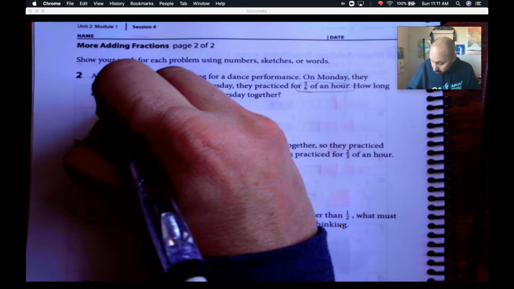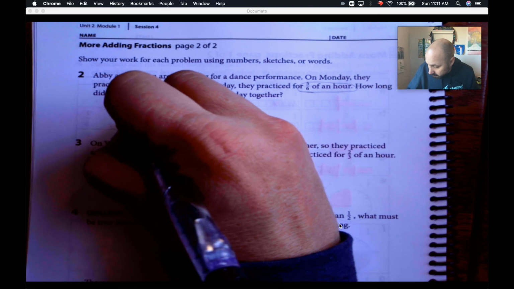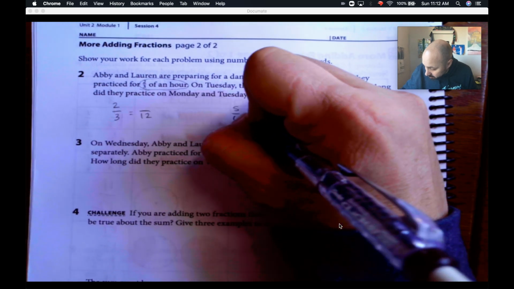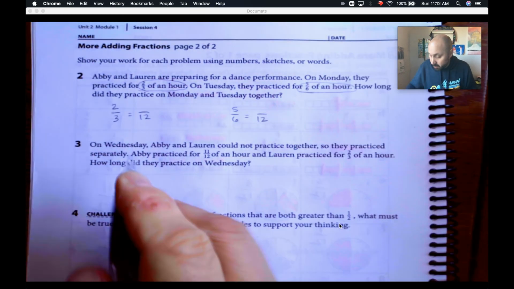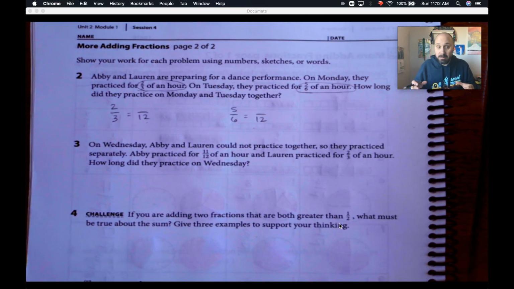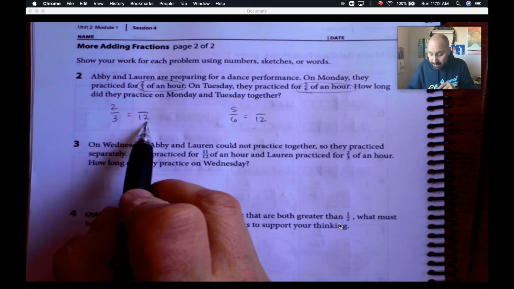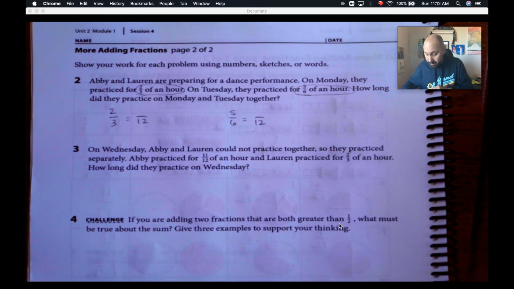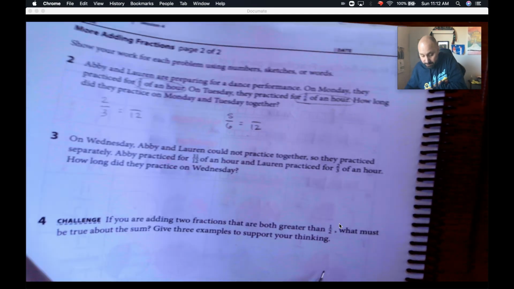So 2/3 of an hour is how many twelfths, and 5/6 of an hour is how many twelfths. Once we have our common denominator, we'll be able to add them straight across, right? So if I go back and look at the page before, I can figure out how many twelfths 2/3 is and how many twelfths 5/6 is. I'm going to do that real quick, and then I'm going to show you a different way.